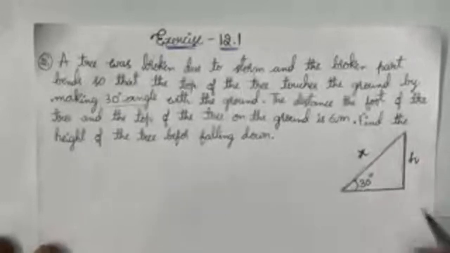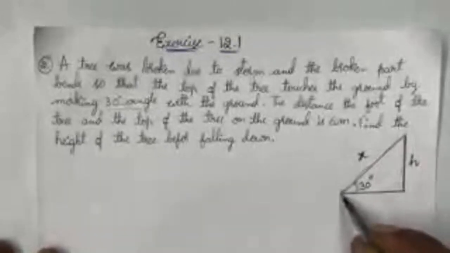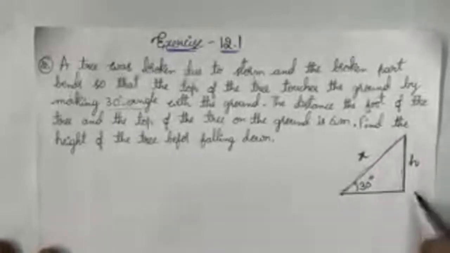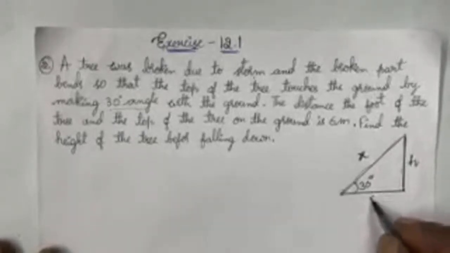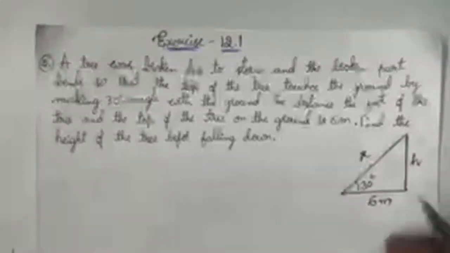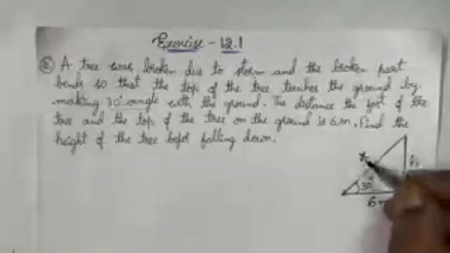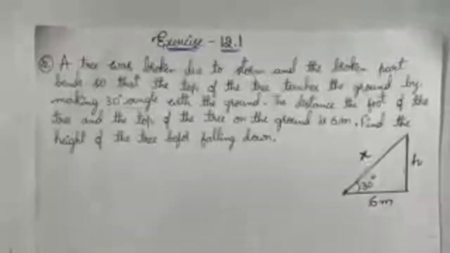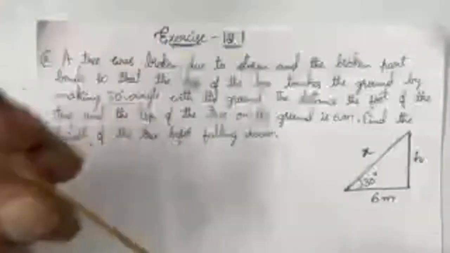Where it touches the ground, the distance between this point and the base of the tree is 6 meters. It is asking for the total height of the tree, which means h plus x. Now I will explain with one interesting stick here.